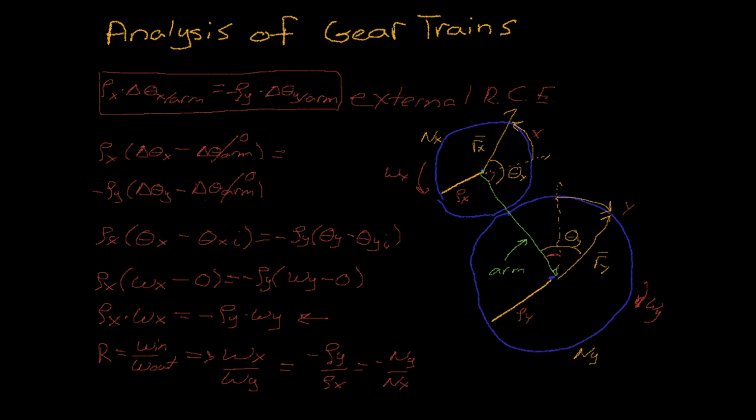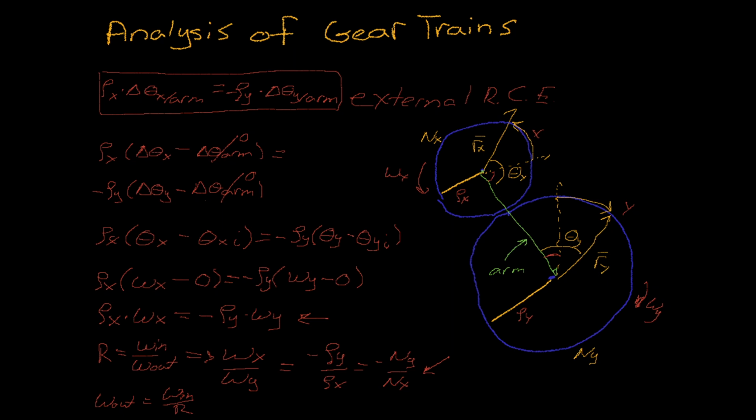So if we know the input speed omega x, we can calculate the output speed omega y by omega out is equal to omega in divided by r. And we said that r is negative ny over nx. So that's how the input speed relates to the output speed using the gear ratio.